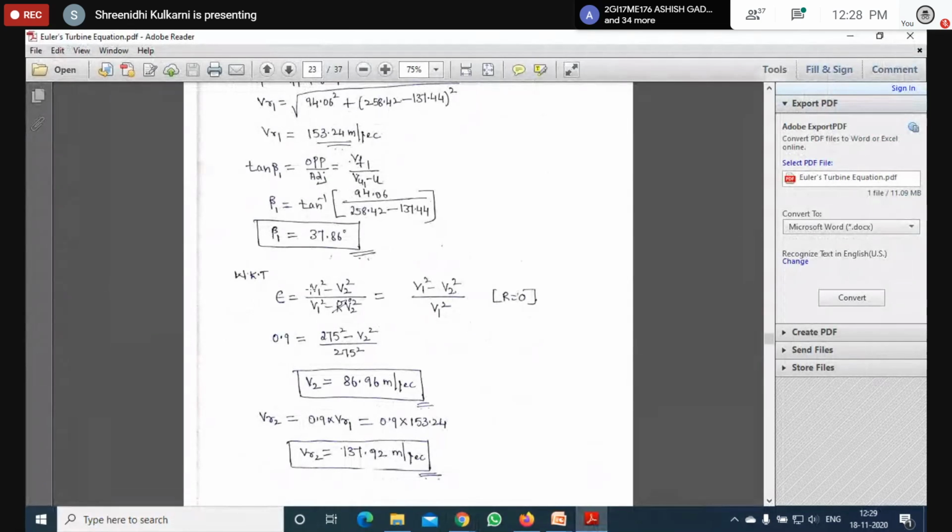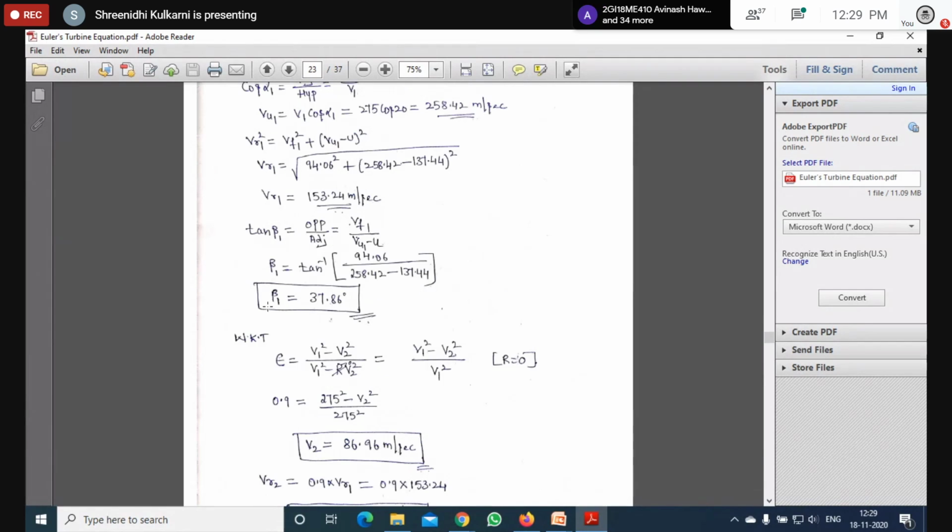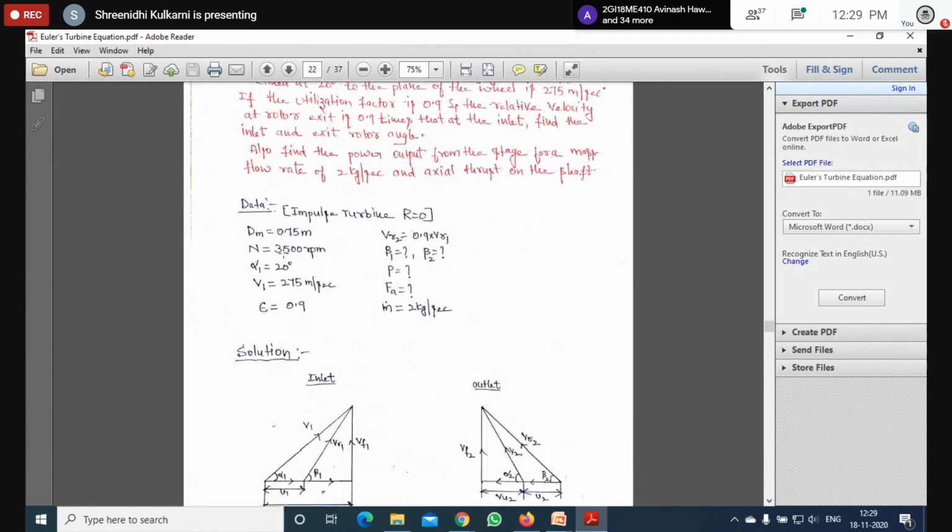So next we'll go for the outlet velocity triangle. But before that, in the problem statement they gave the utilization factor, epsilon, which is 0.9.